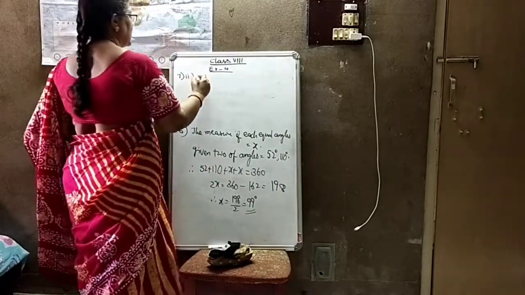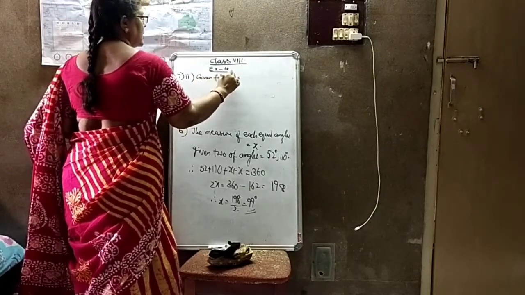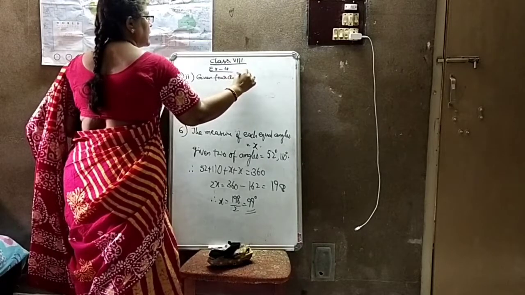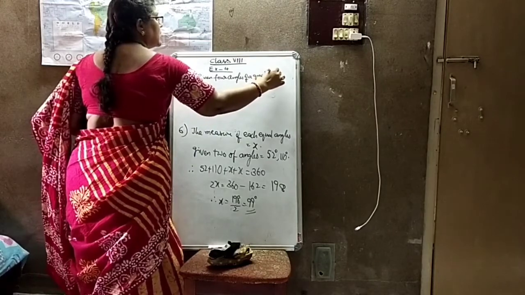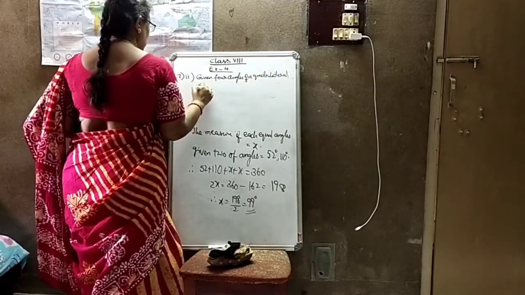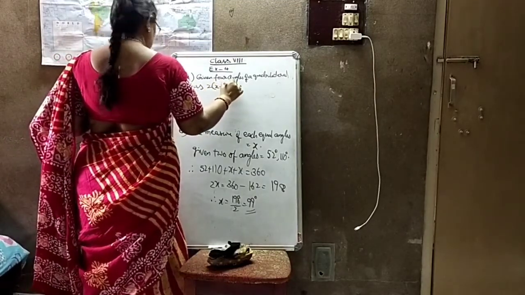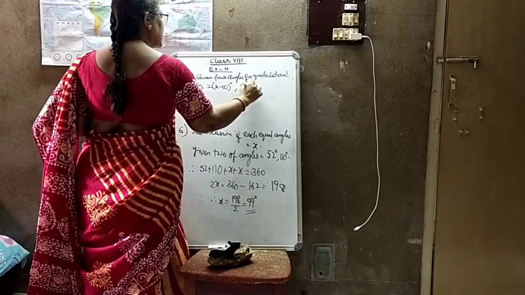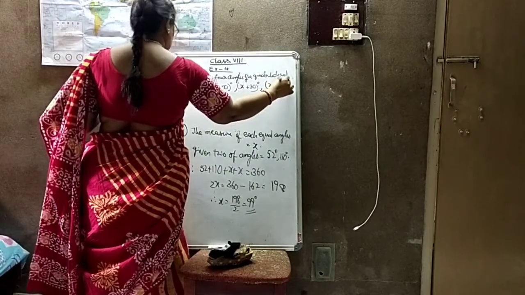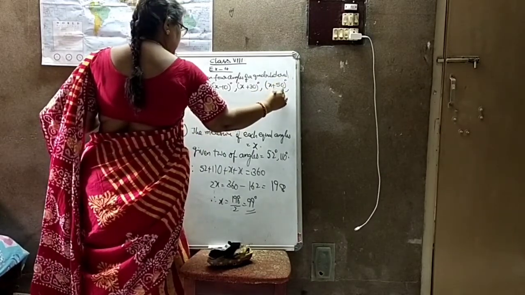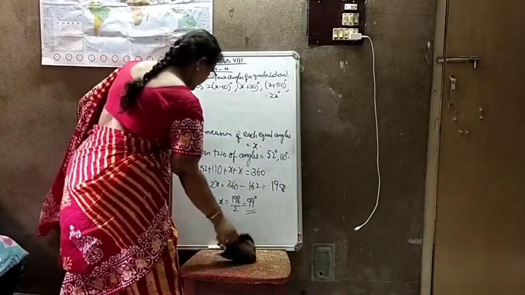Four angles of a quadrilateral are given in terms of x. Okay, look at this.